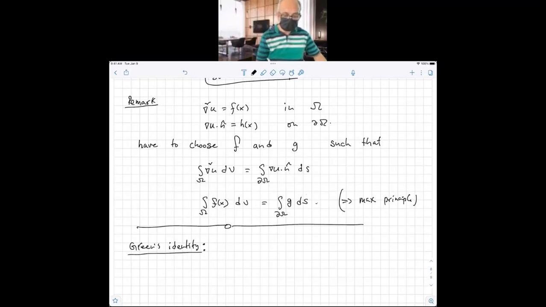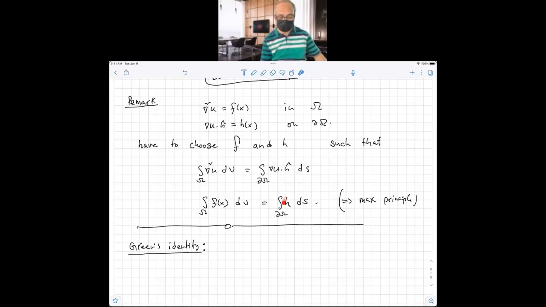It's not g, it's h, because I've written h here. h is somehow related to the derivative of the function for a Neumann boundary condition.